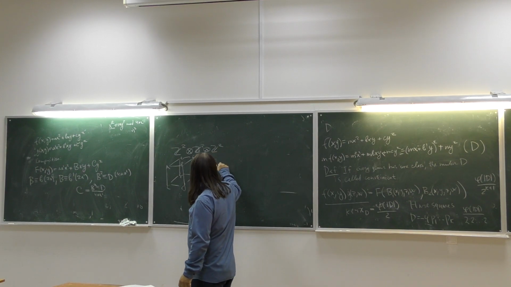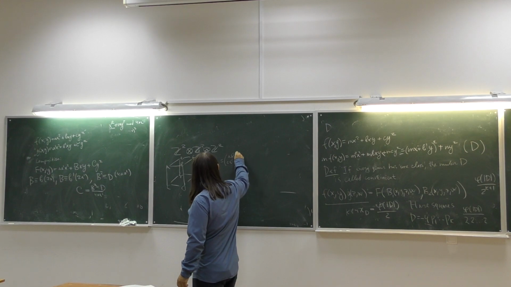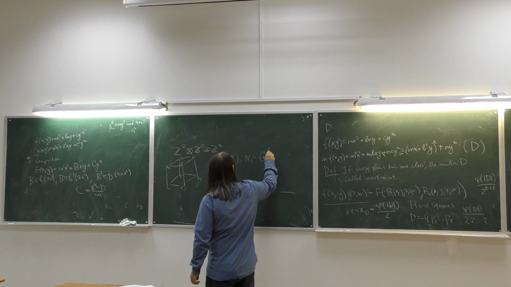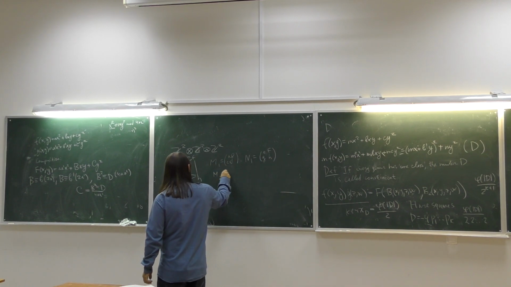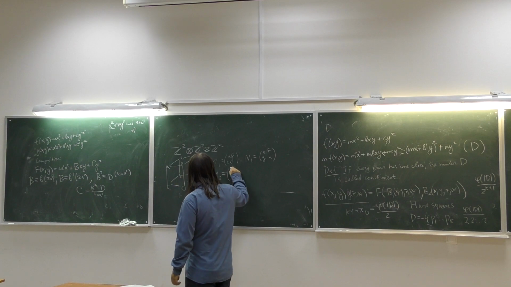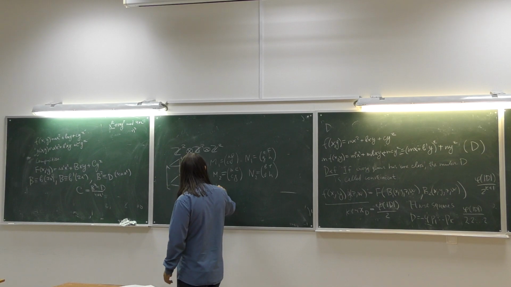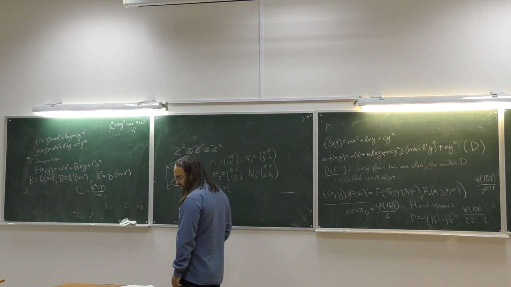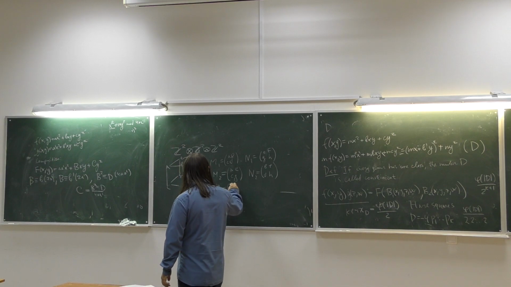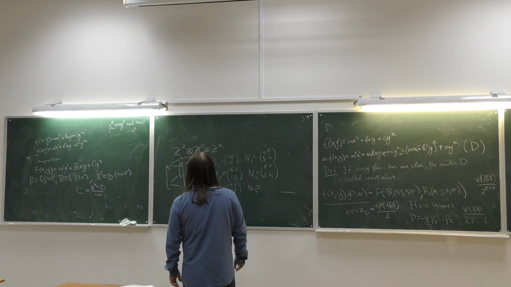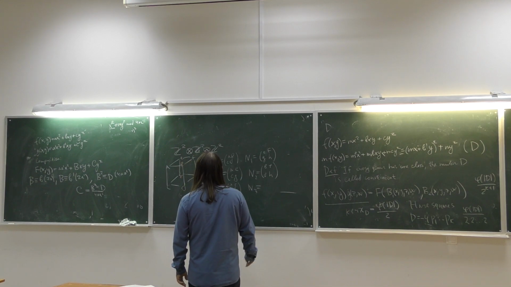So say M1 is equal to ABCD, N1 is equal to the opposite EFGH, M2 is equal to AECG, N2 is equal to BFGH, M3 is equal to AEBF, and N3 is equal to GHCD.